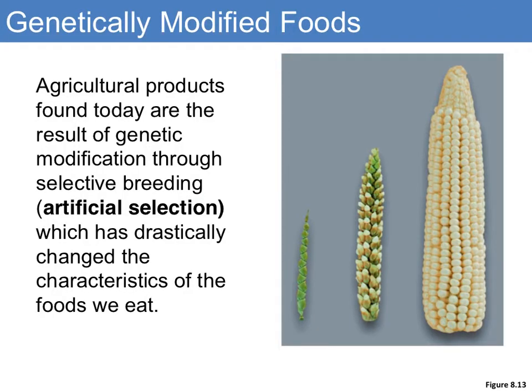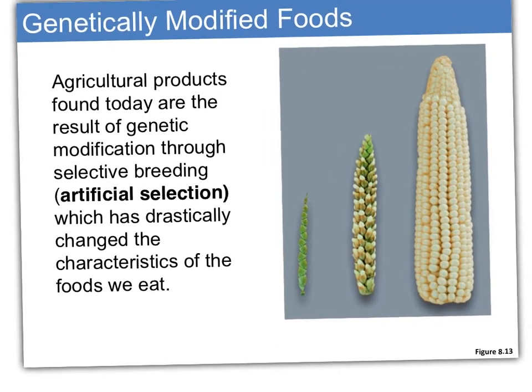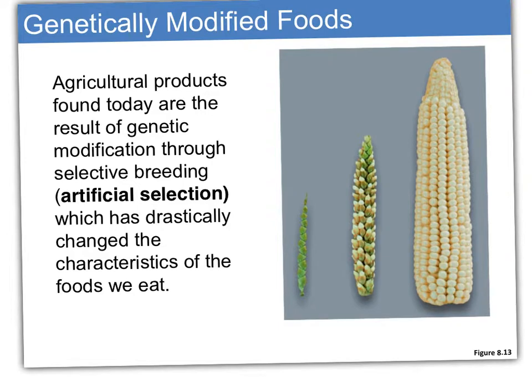The genes they put in: they inserted a gene that makes a plant resistant to an herbicide, like Roundup. So if you spray it, it's not going to die.